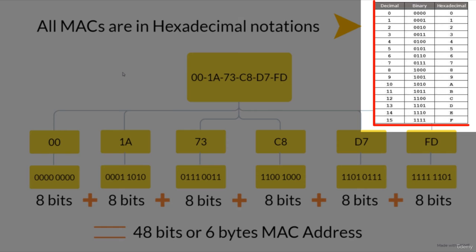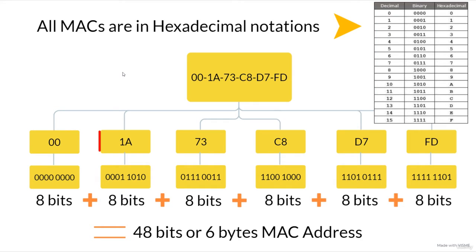You can refer to this table on the right hand side. This is a mapping of decimal to binary and binary to hexadecimal. Hexadecimal A represents 1010 in binary and 10 in decimal. So A means 1010, and that is why 1A means 0001 1010.